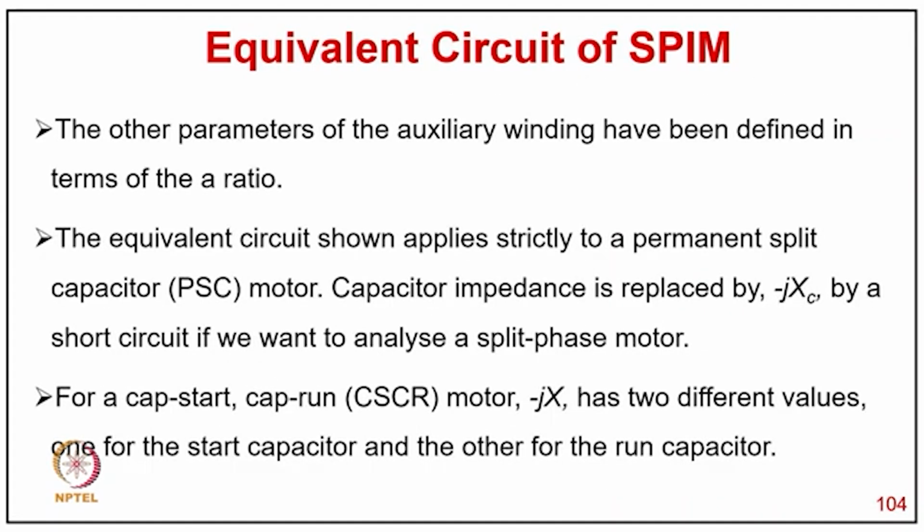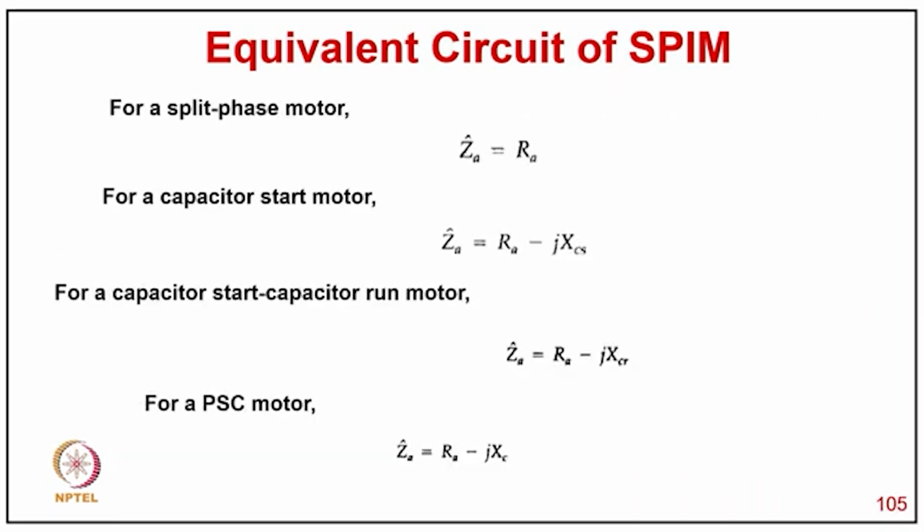The other parameters of the auxiliary winding have been identified in terms of the ratio. The equivalent circuit shown here strictly applies to the permanent split capacitor motor, and the capacitor impedance is replaced by minus jXC by a source circuit if we want to analyze the split phase motor. For a capacitor start, capacitor run motor, minus jXC has two different values, one for the start capacitor and another for the run capacitor.